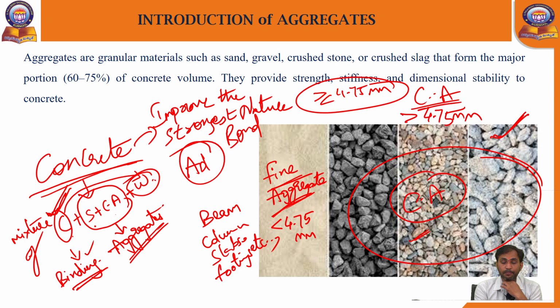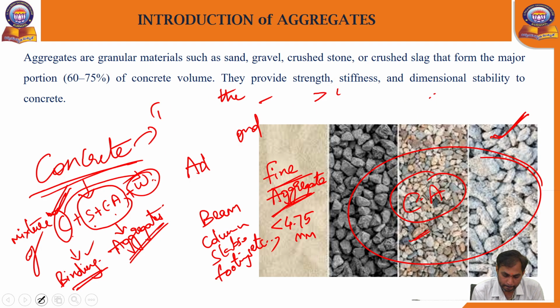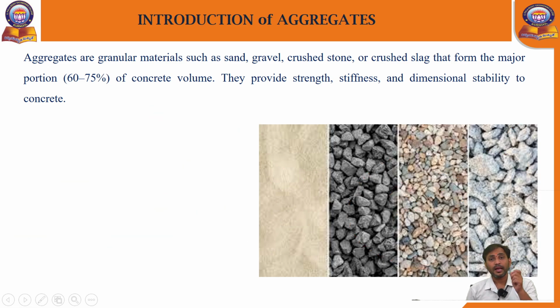Sand plus coarse aggregates are the aggregates. Now we have got the concept. Now we will come to the definition part. Aggregates are granular materials available in rivers, seas and desert areas. But from the construction point of view, most of the time we use river sand.